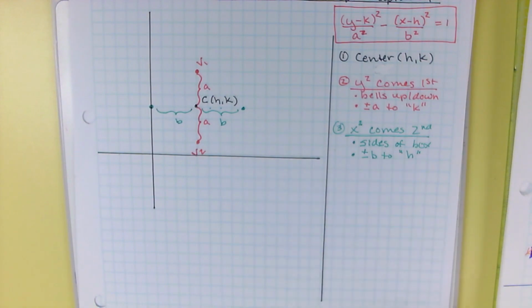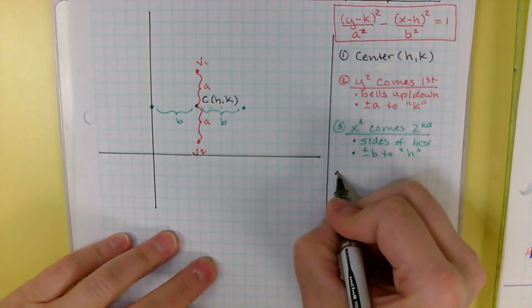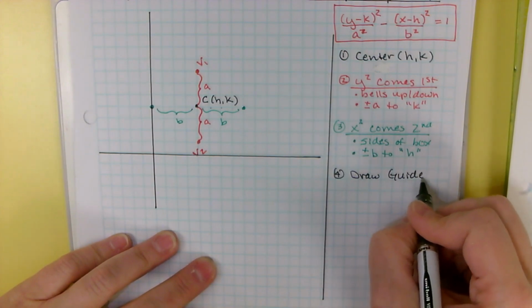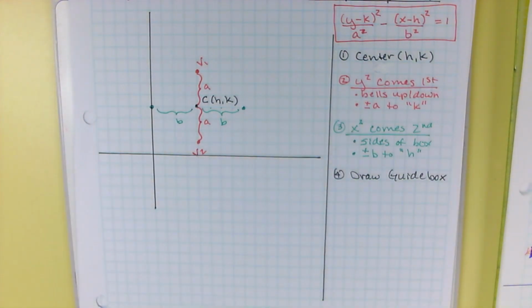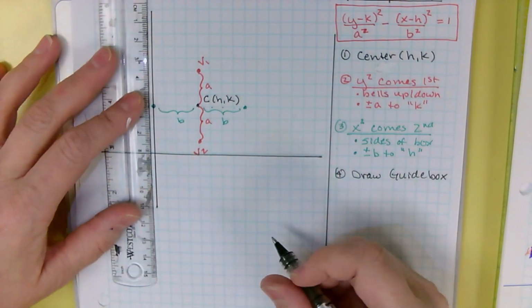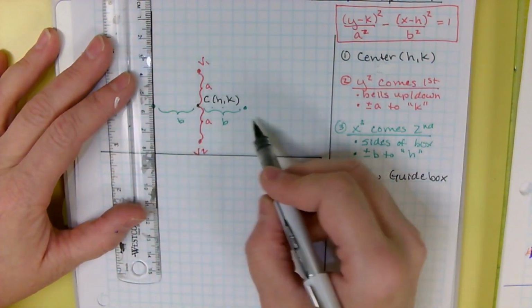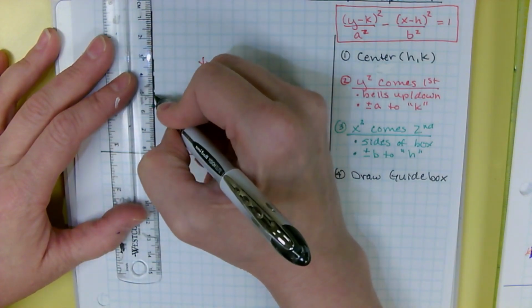All right, with what we have so far, we are ready to draw the guide box. So your guide box is a box that basically fits around your vertices and where your B's are.